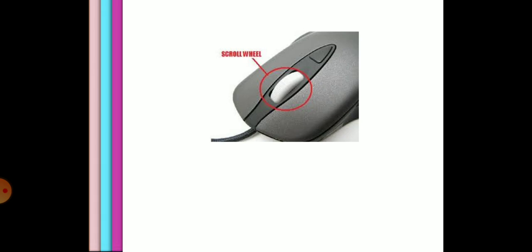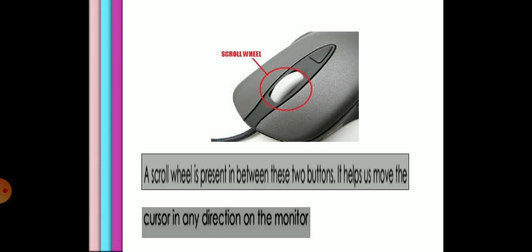Now there is a small wheel present in the center of the mouse. It is present in between the two buttons. This wheel is called a scroll wheel. It is present in between those two buttons, the left button and the right button. It helps us to move the cursor in any direction on the monitor.